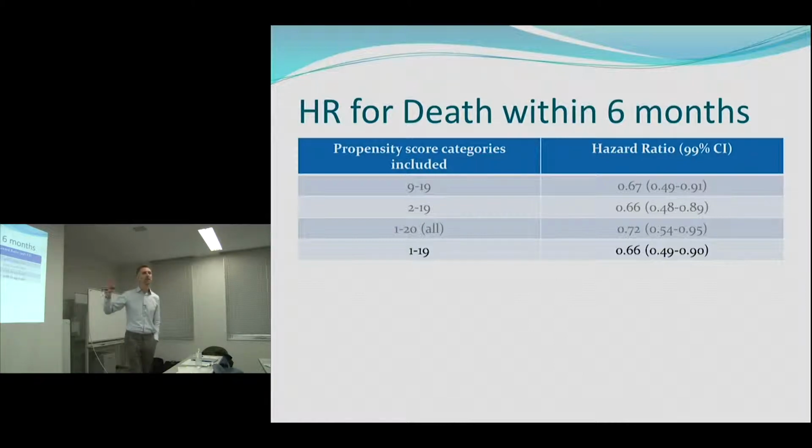And to me, that would be the only advantage of this method, that it helps us to properly select the group of people that we really should be comparing. But other than that, the data are the same. The information we're putting in from the variables, whether it goes into the propensity score or into a multivariable model, it's all the same data. So it really doesn't make much difference.